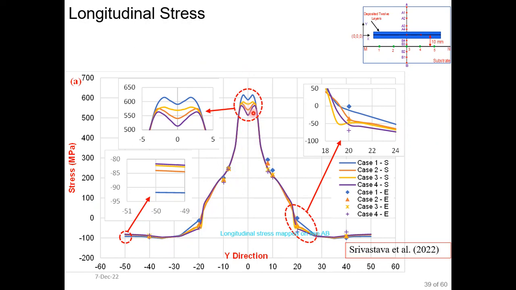Now we can see here the indigo line is showing the state of stress in case 4, which is the least among all the proposed case studies. So by adopting a 4-tier heat system compared to a single-tier heat system, we can reduce the maximum value of residual stress in the X direction in case 4.